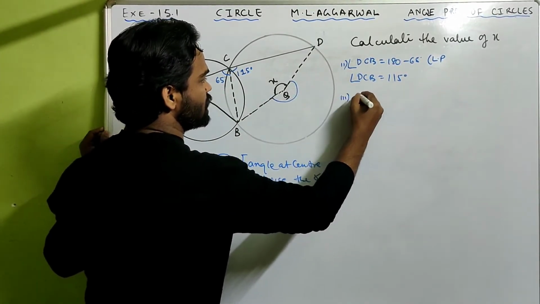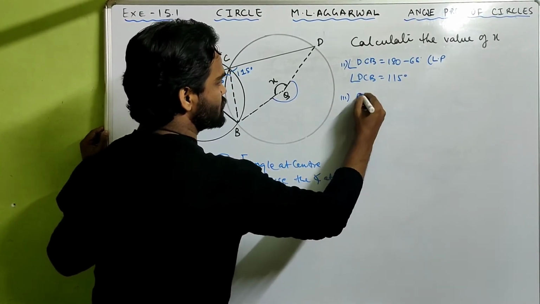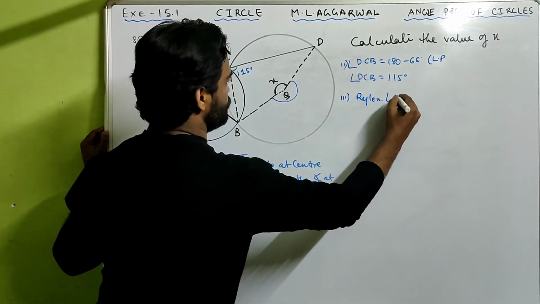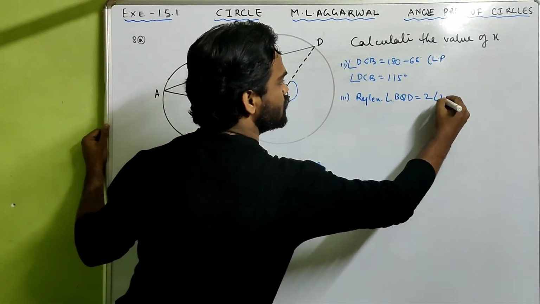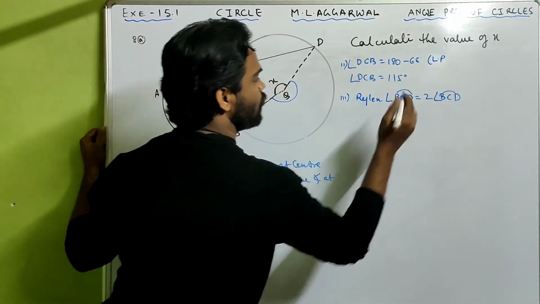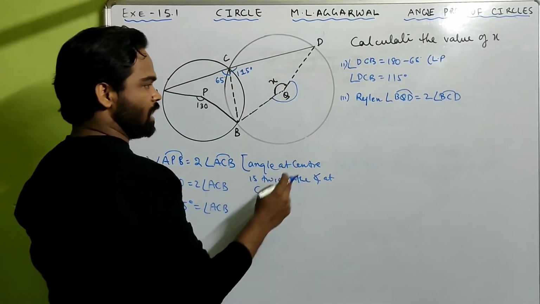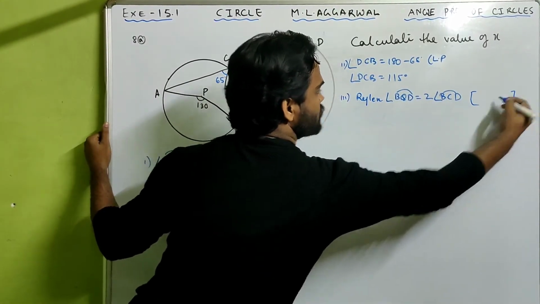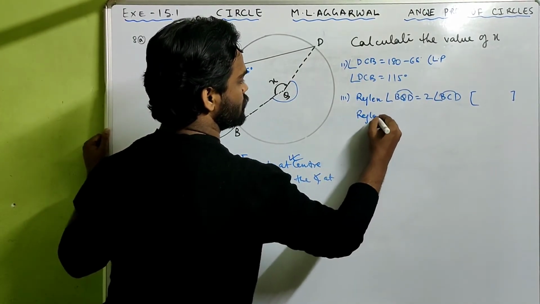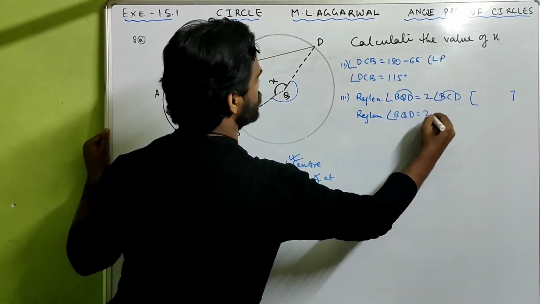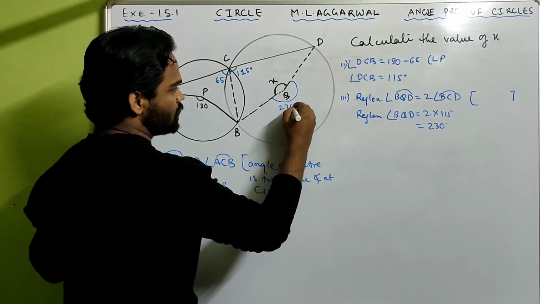So we can say reflex angle BQD will be twice BCD. See, the segment is same. One is at the center, the other is at the circumference. So the center one will be twice the angle at circumference. This reason comes over there, which means reflex angle BQD is equal to twice into 115. That's 230 degrees. So this is 230 degrees.